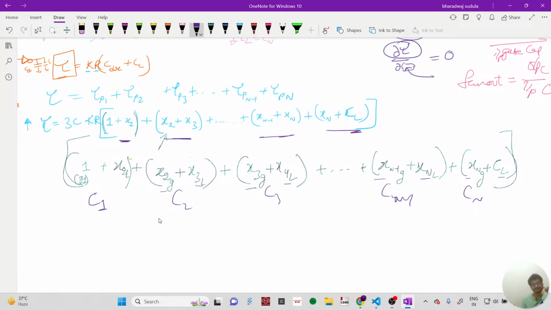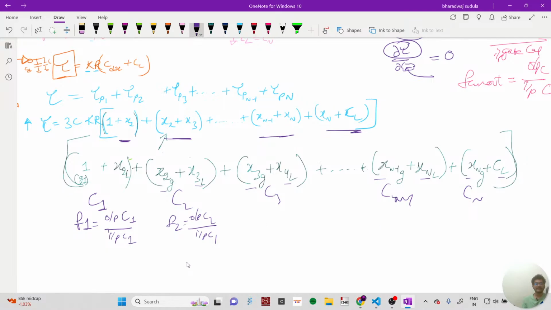If I just take the ratio, f1 is nothing but the output cap of the first inverter to the input cap of the first inverter, and f2 is the same, output cap of C2, input cap of C1, and so on, right?